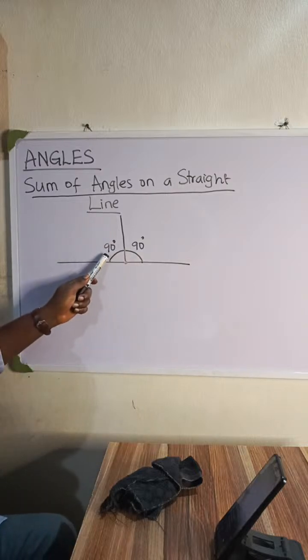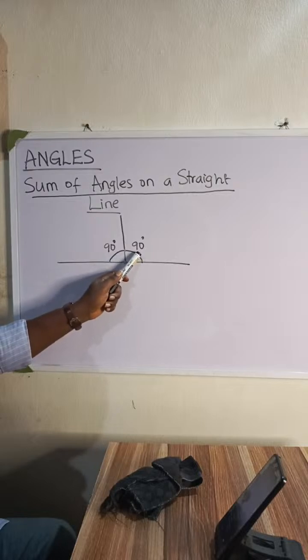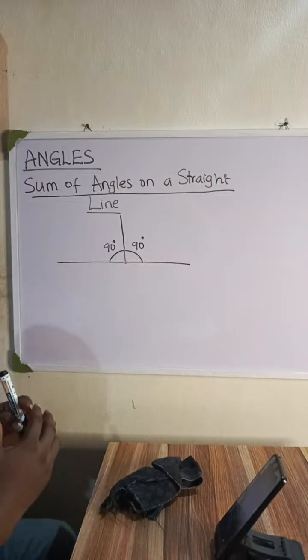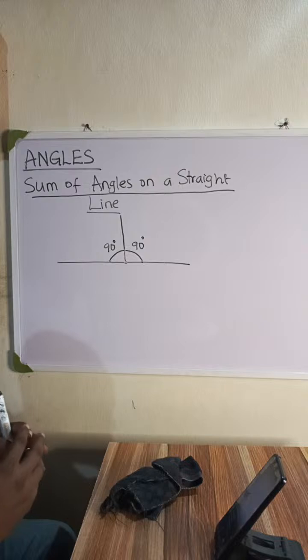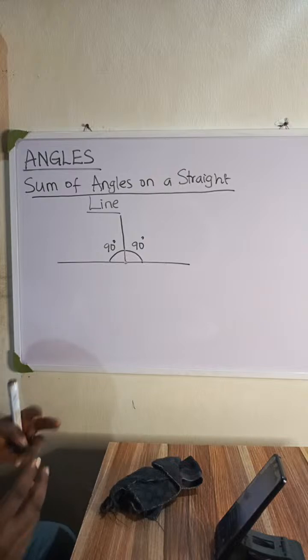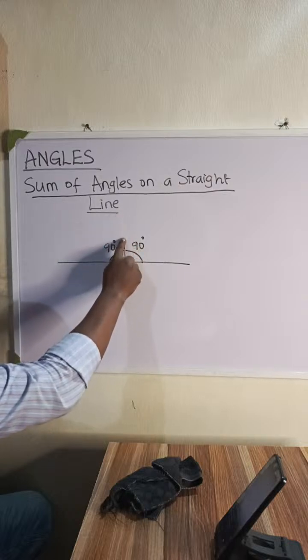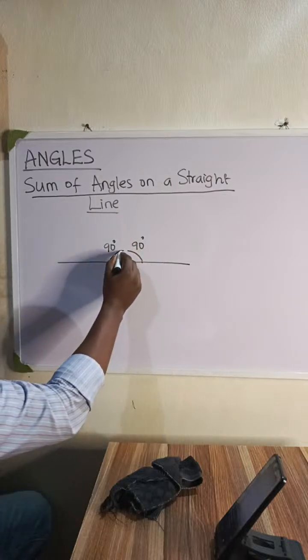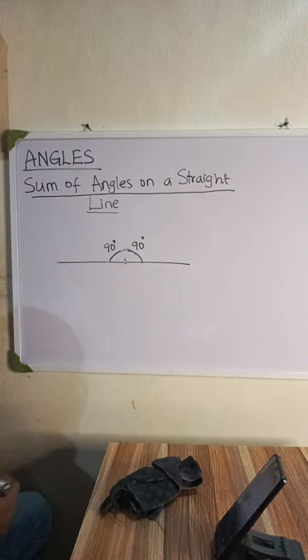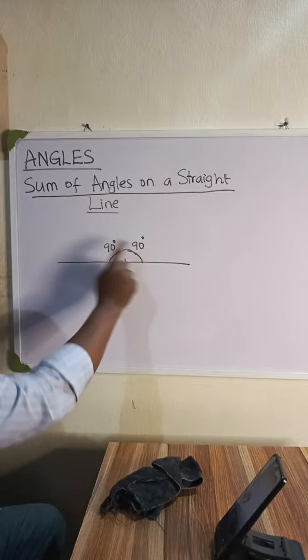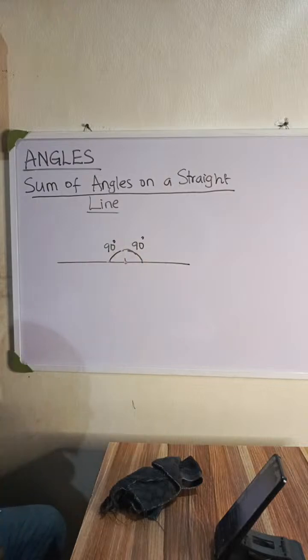So this angle here is 90 degrees, and this angle here is 90 degrees. Together, 90 plus 90 will give you 180 degrees. So we can simply say from this that the sum of angles on a straight line is equal to 180 degrees, because 90 plus 90 is equal to 180 degrees.